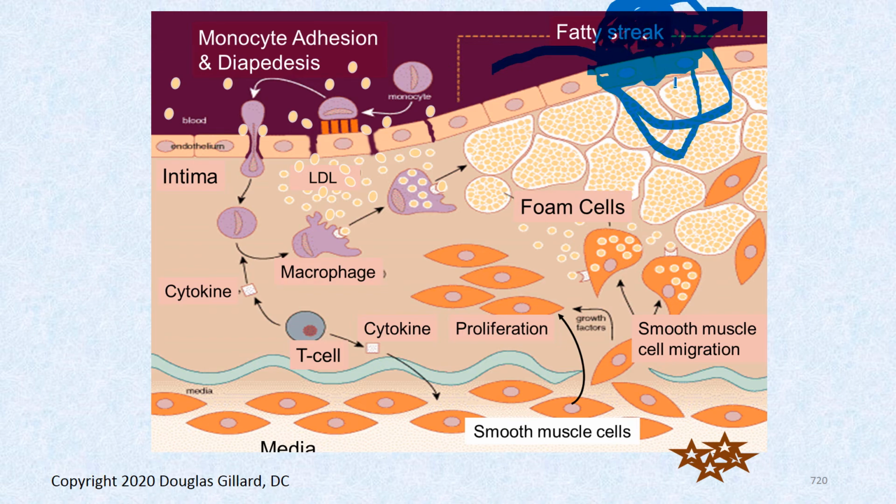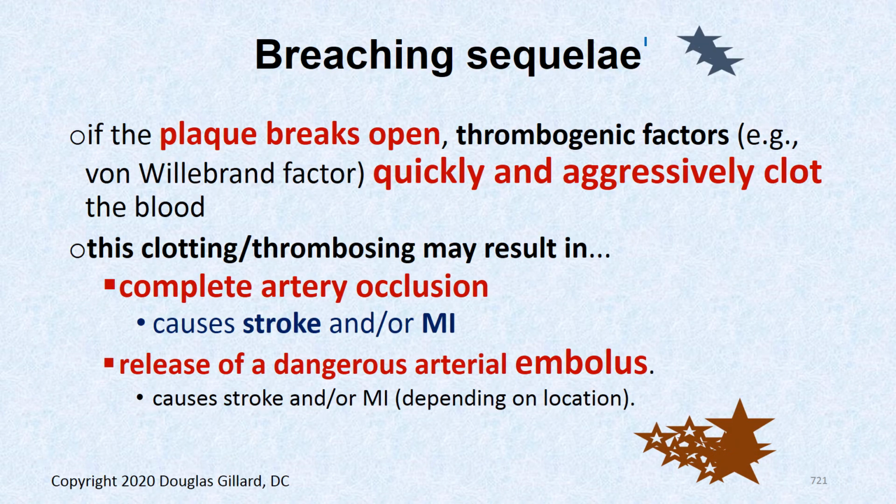Some call it blood clot, because this part would be the blood clot because it's outside of the lumen. This would be thrombosis. But you get a huge blood clot so big that it will completely plug up a coronary artery or a cerebral artery in the brain. All right, that's called breaching.